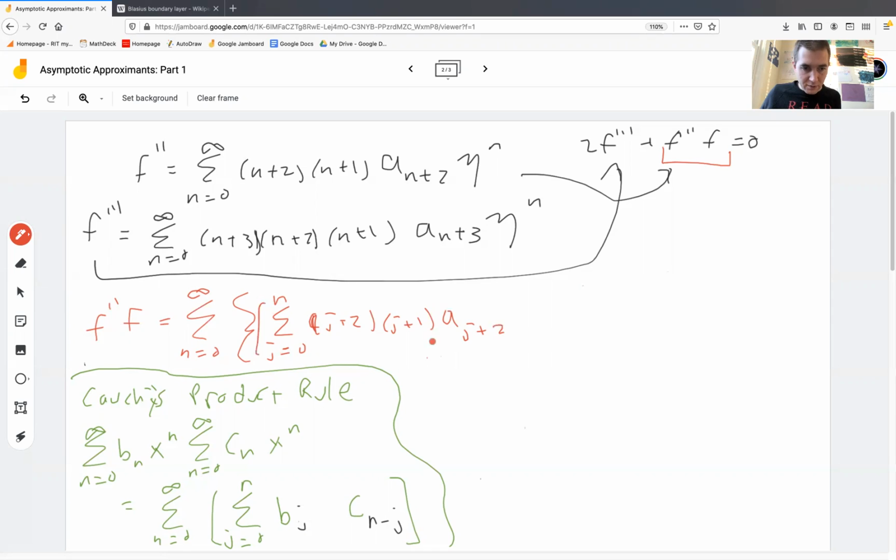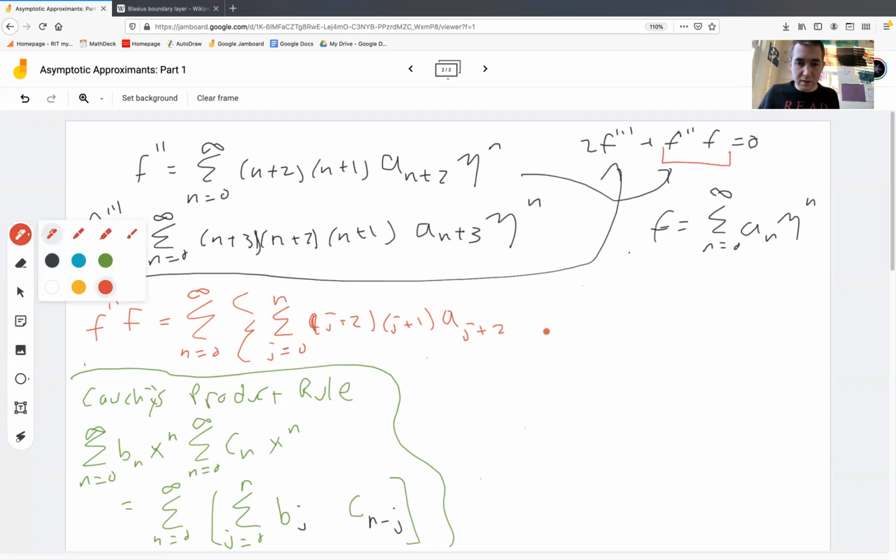And that is multiplied by f, and the f series, just to remind you, is the original thing we started with, right? It's just going to be this. Right, and that's going to be evaluated at n minus j, those coefficients. So this is then a sub n minus j.